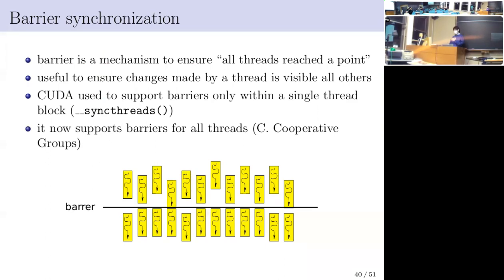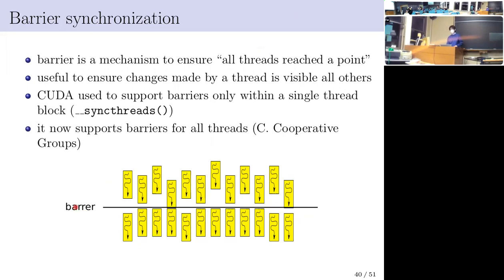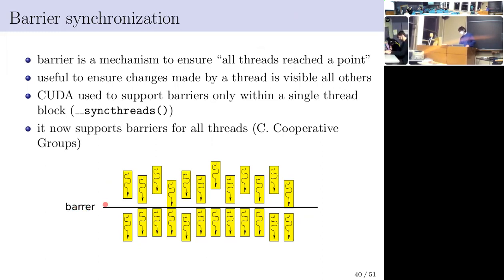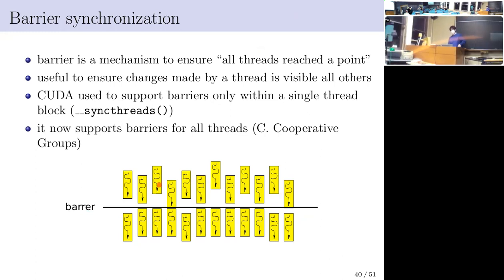So this is what the barrier synchronization guarantees. So it can be illustrated just like this. So all these threads at one point call a barrier function. Then no threads go ahead until everybody calls this barrier function.